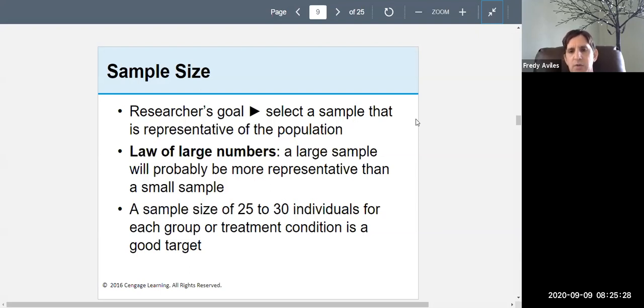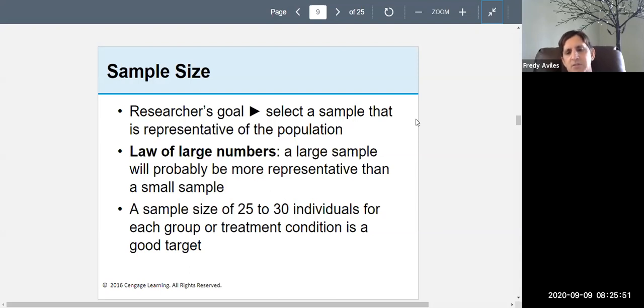It's very possible that what the coin tells you isn't really what actually happens. It's supposed to be close to 50-50. But because you only flip the coin a small number of times, or you only have a small number of participants, it's very likely that the sample is biased and isn't really going to tell you what's really happening.